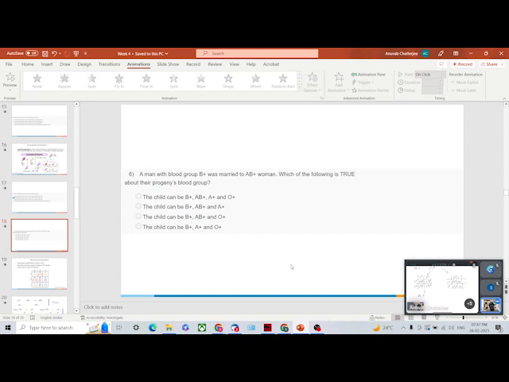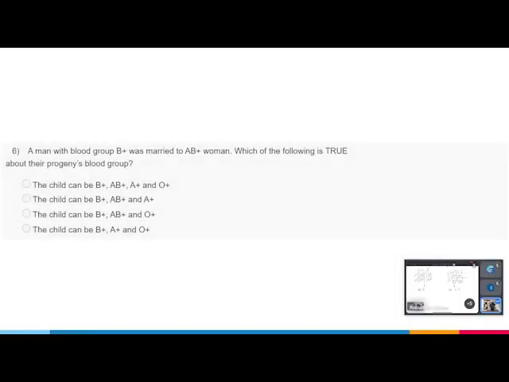So the phenotype in this case becomes AB blood group, A blood group, and B blood group, which can be either homozygous B or heterozygous B. So when we look into the question, which of the progeny's blood group can be possible, it can be AB, it can be A as well as B. So this should be the answer to our question.